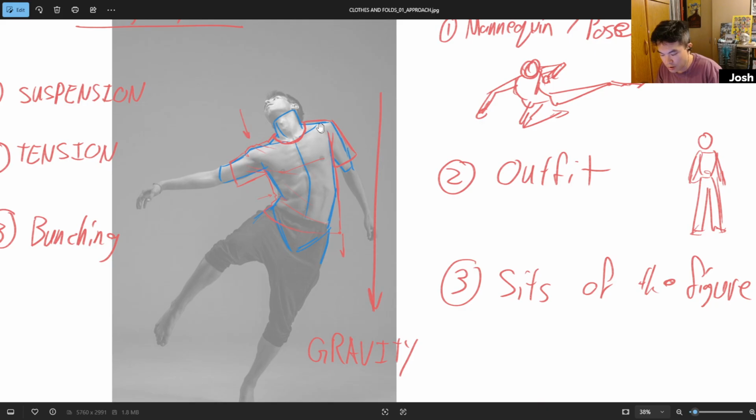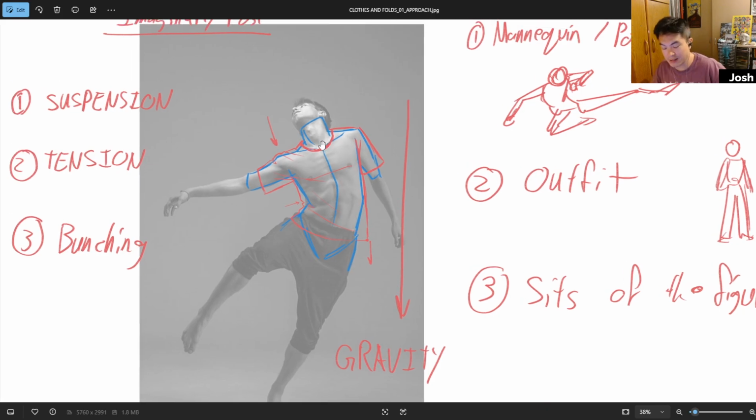The shoulders are points of suspension because that's how it sits. The waist is also a point of suspension because it's usually put there. Tension is where the clothing is being pulled from. In this case it was the shoulder across the chest. The shoulder is a high tension point, and the chest is a secondary, lighter tension point. That's why you get a slight fold across the chest area.